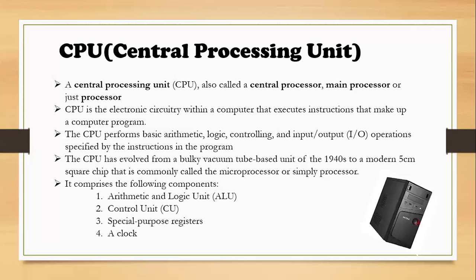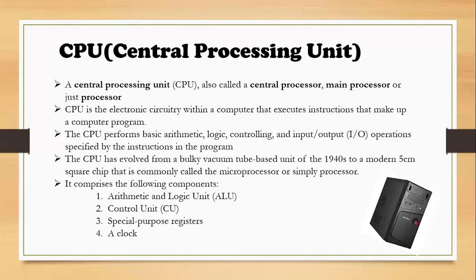Apart from special purpose registers, there are GPRs, called general purpose registers. General purpose registers are used for storing the data temporarily during the execution of the program instructions. They assist us in storing the temporary data and the results in between the processor calculations.